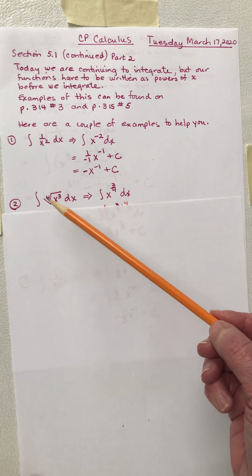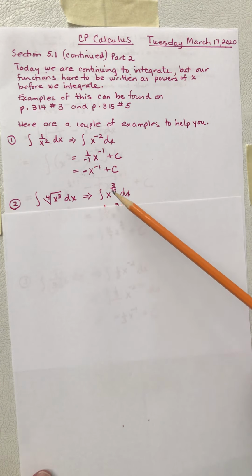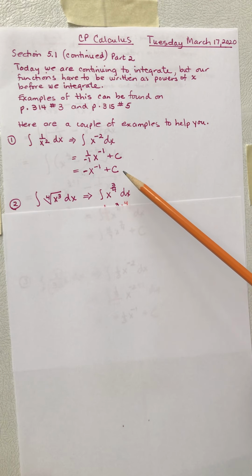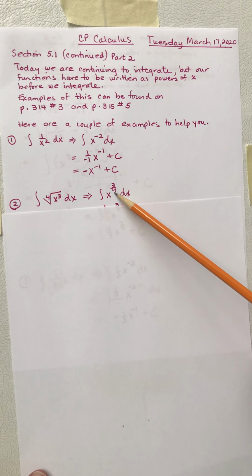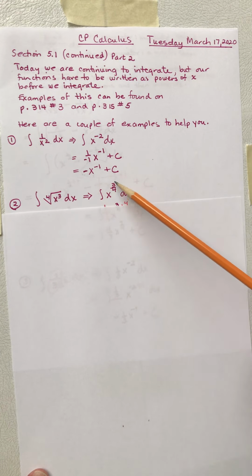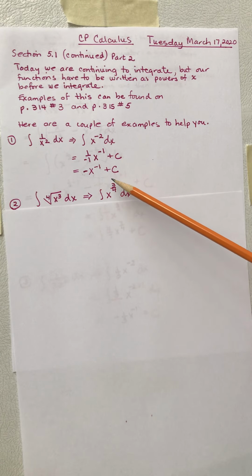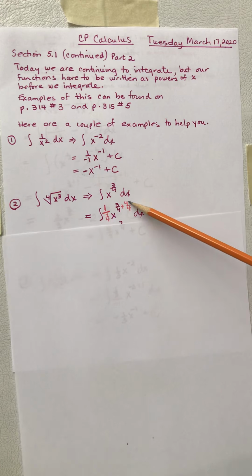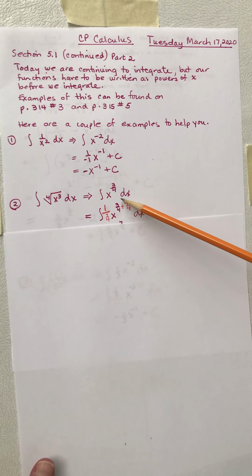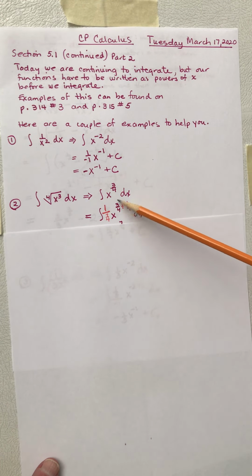We're integrating the 4th root of x cubed. So we're integrating x to the 3/4 power. Remember, the index is the denominator and the exponent on the x is the numerator. So we're going to add 1 to 3/4. We might as well do it with a common denominator. So adding 1 is like adding 4/4. So we add 4/4 to the 3/4, which is going to give us 7/4.